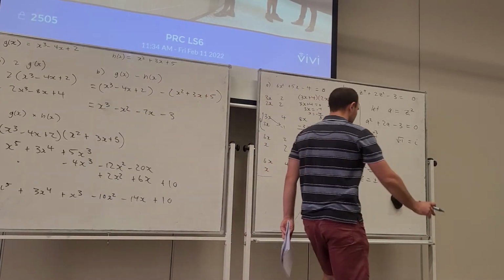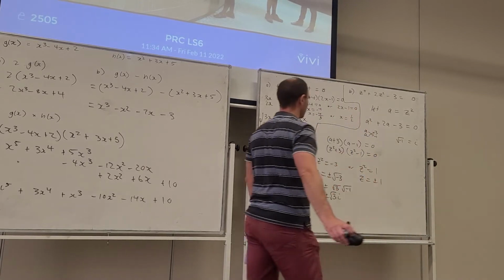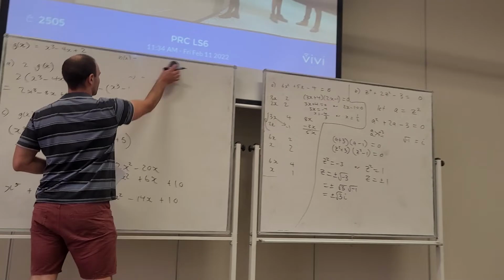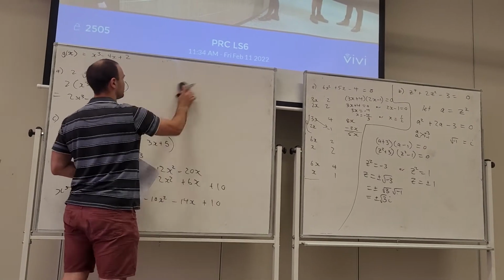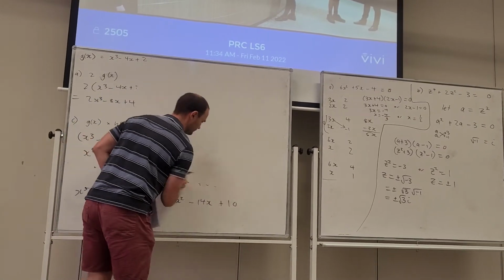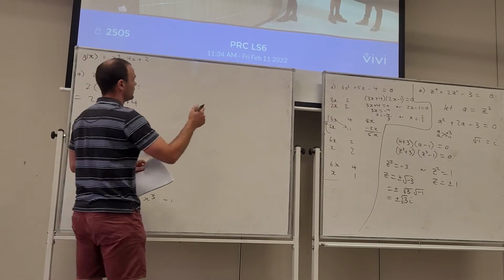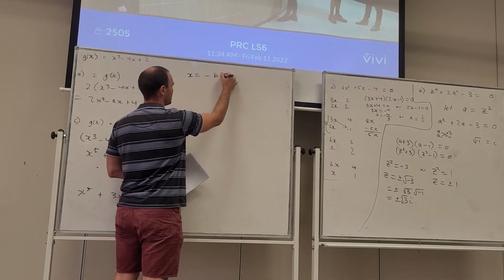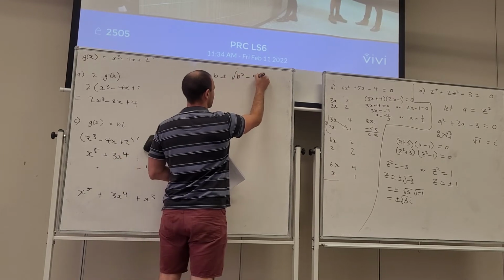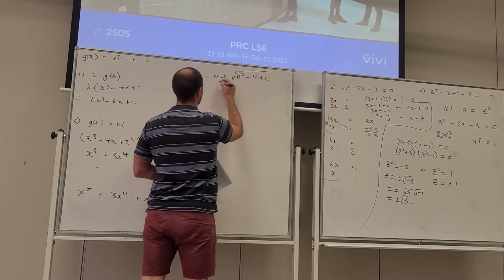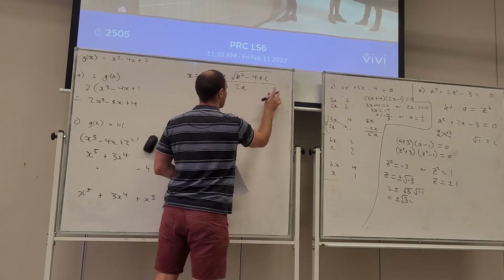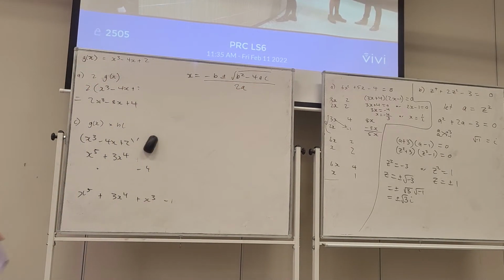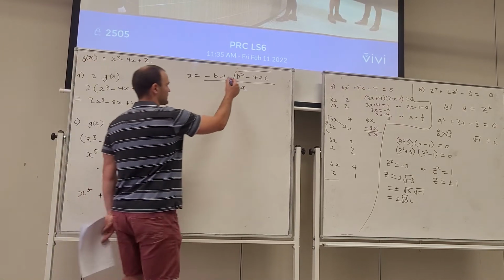Let's do a very quick recap of the discriminant, just to see if we can factorize it. We'll do the quadratic formula and the discriminant. Okay, so the quadratic formula, we all remember this one off by heart. x equals minus b plus or minus the square root of b squared take 4ac, on top of 2a. Foolproof way to find the roots for any quadratic, right? So that's going to give you the roots.